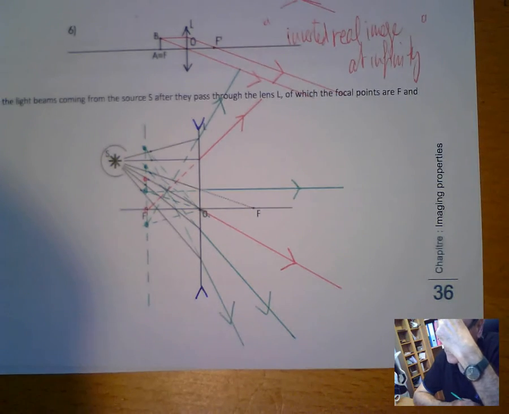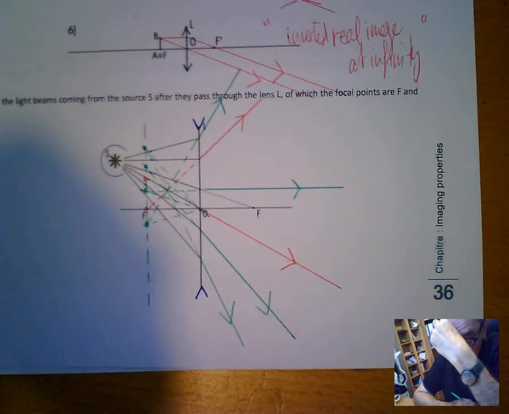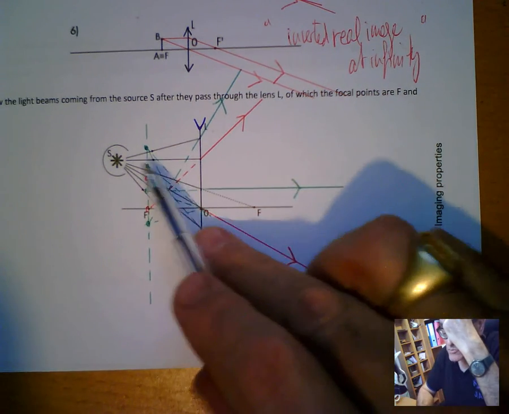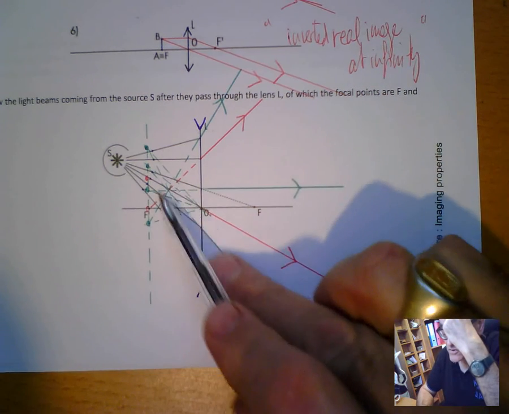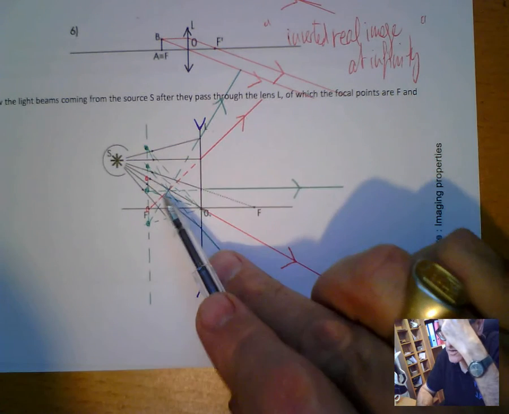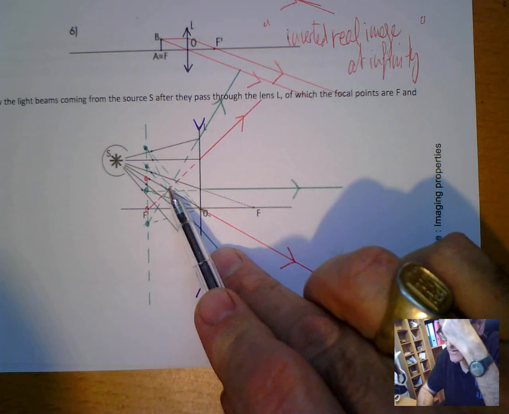Okay? And of course there will be a virtual image of this object somewhere here, because if we look here we have the impression that all the light rays are coming from this point. Okay?